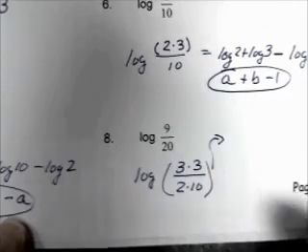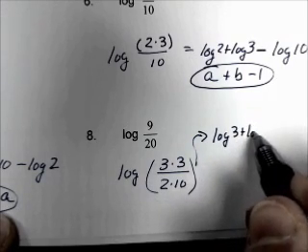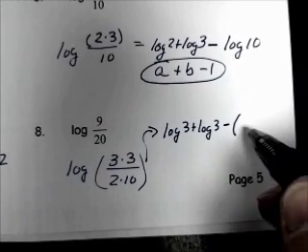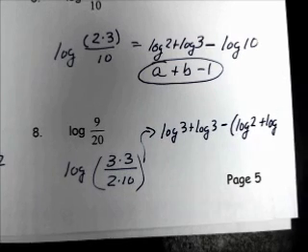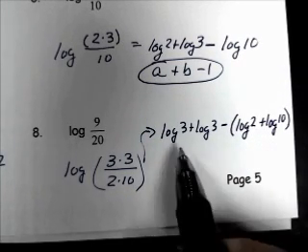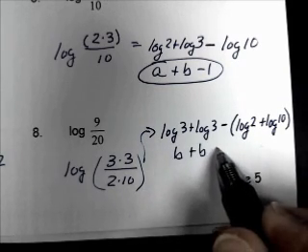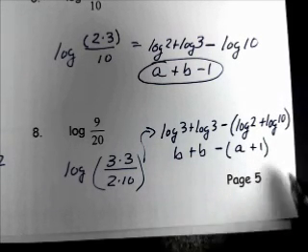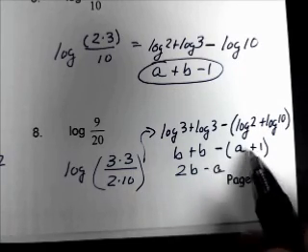This would be log 3 plus log 3 minus parentheses log 2 plus log 10. Log 3 is B, so B plus B minus parentheses, log 2 is A plus 1. So this is 2B minus A minus 1.